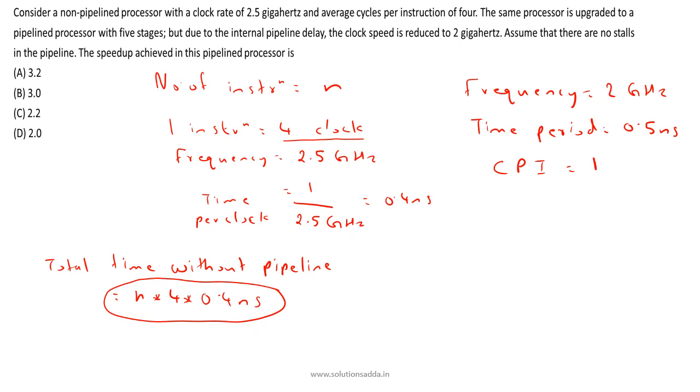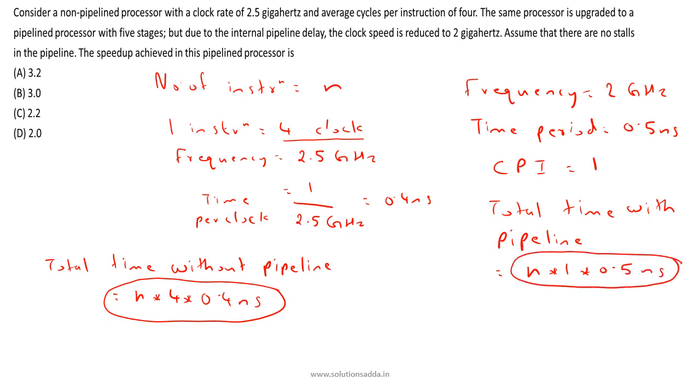So the total time with pipeline for n instructions is n into 1 into 0.5 nanoseconds. This is point number 2.